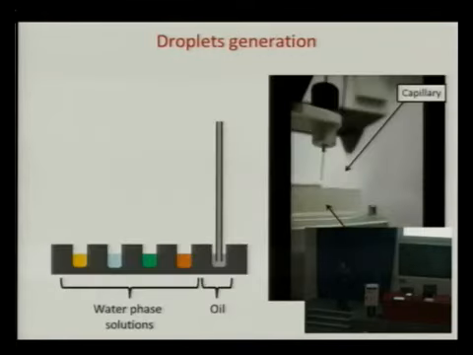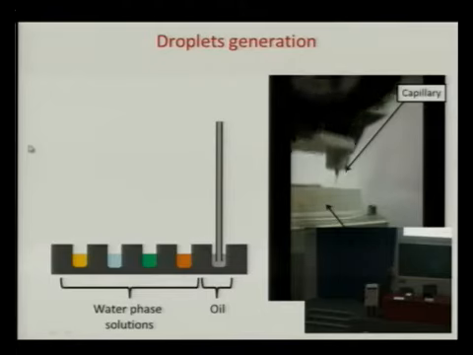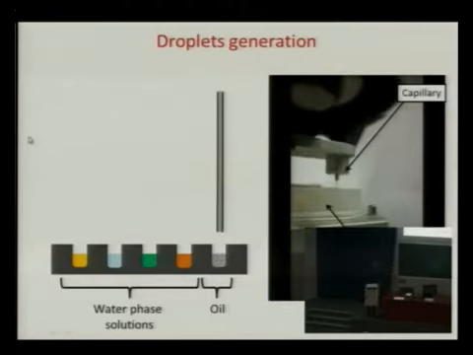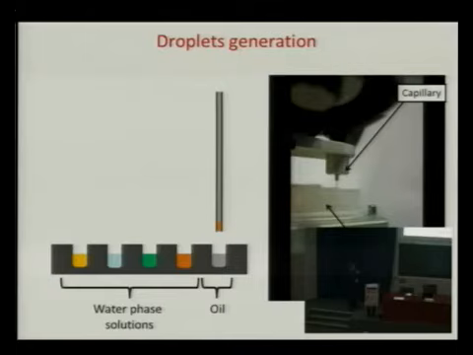So if we go step by step, this is the robot that we are using, and this is the scheme of the robot. Basically, we fill our microtiter plate with different solutions, and we pipette, using a capillary, the different droplets spaced by fluorinated oil.